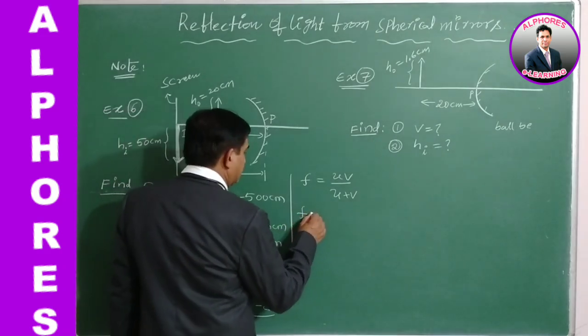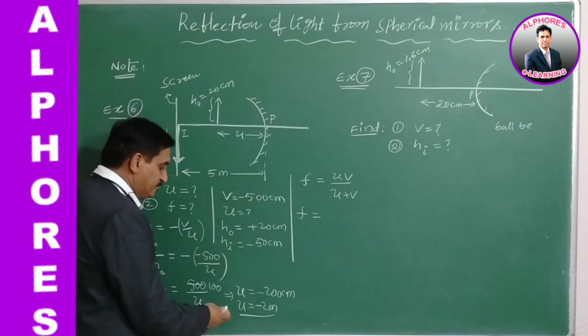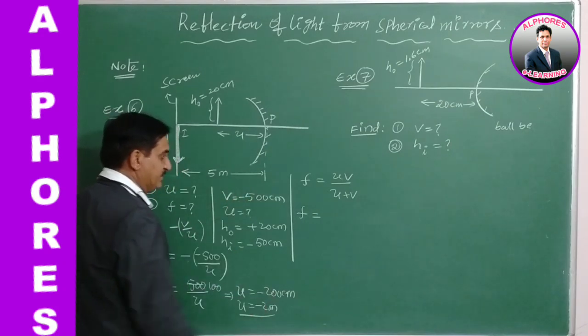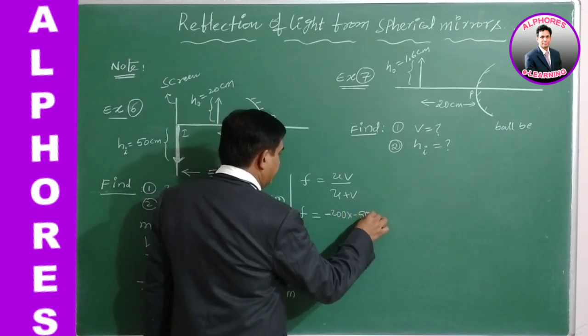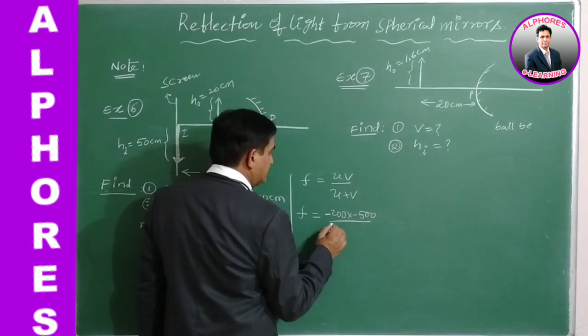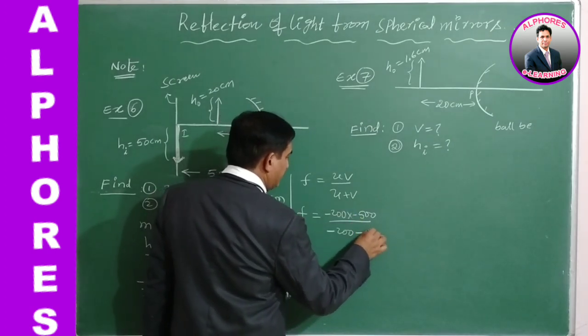So in this case, F is equal to (object distance × image distance) by (object distance + image distance). The image distance is minus 500 and the object distance is minus 200 centimeters. Therefore, F = (minus 200 into minus 500) by (minus 200 minus 500).